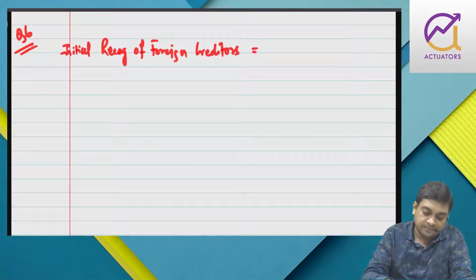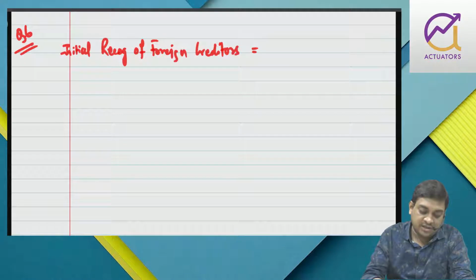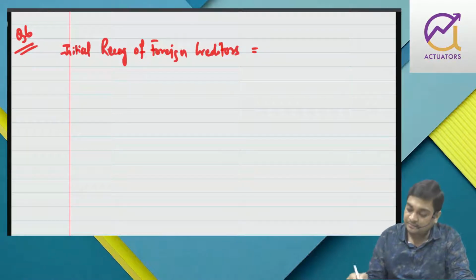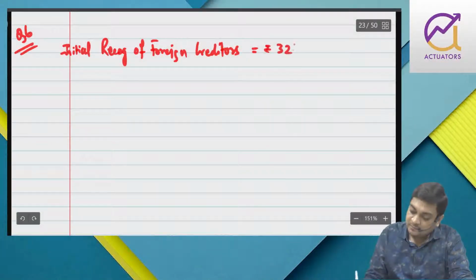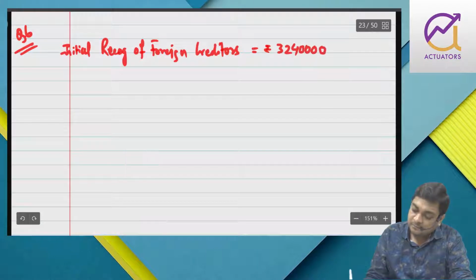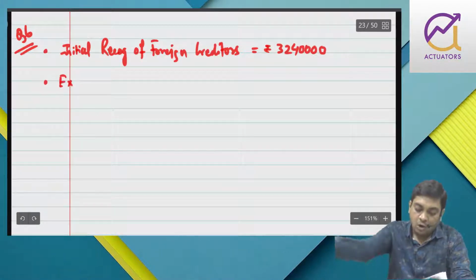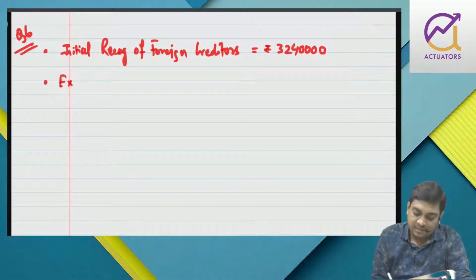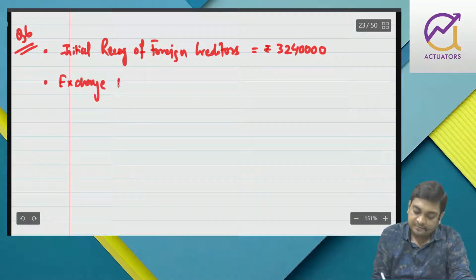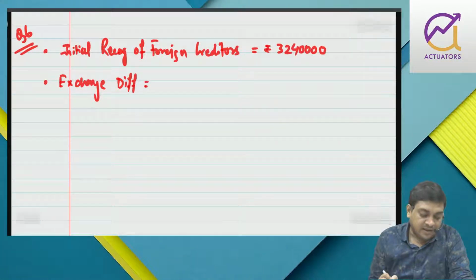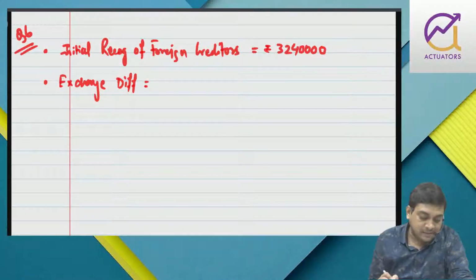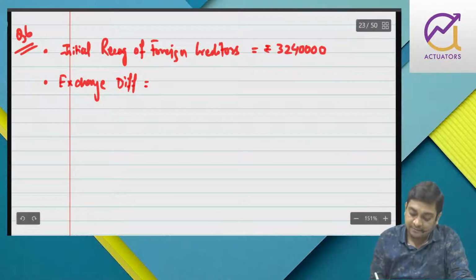So that is 60,000 into 54. Then on the balance sheet date, that is 30th September, the rate has decreased, so I'm going to show a gain.